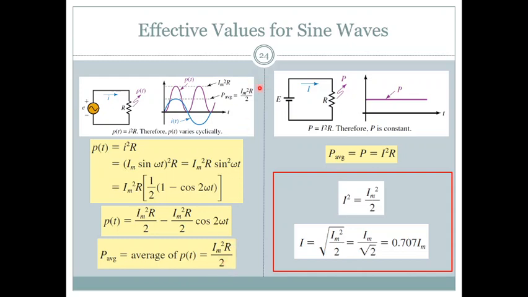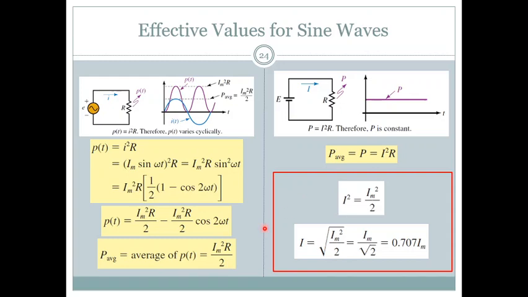Now on the other side, if you assume that there is a DC source connected to the resistor, which allows the resistor to dissipate the same average power, in this case it is I squared R, right? So I squared R is equal to Im squared R over 2.